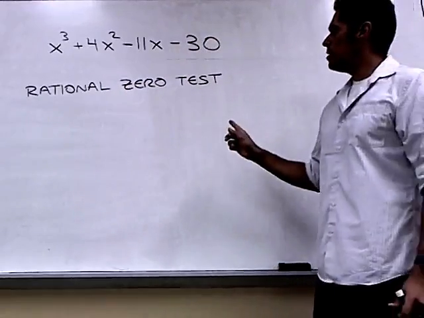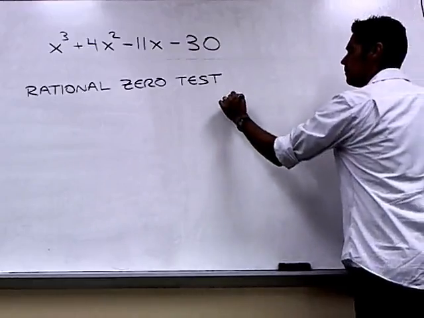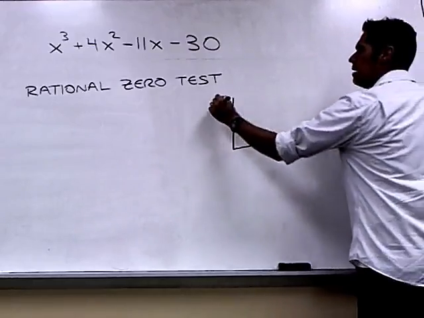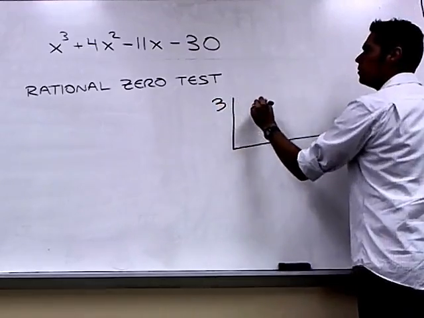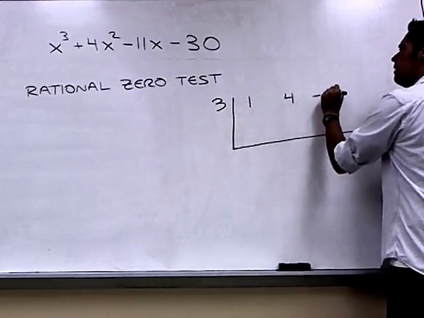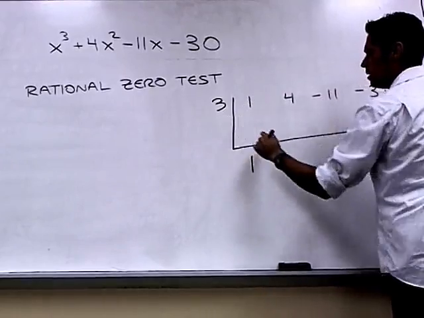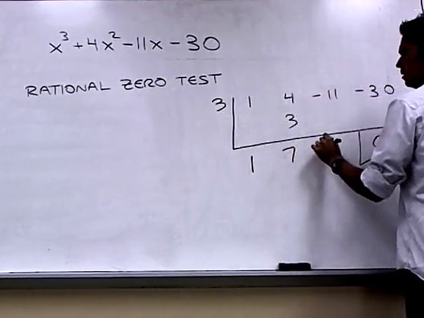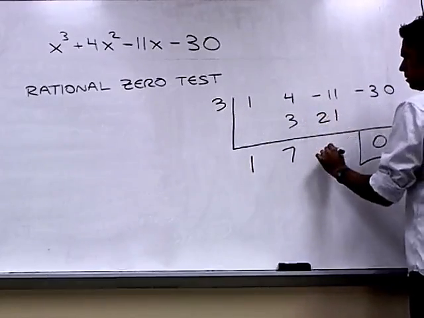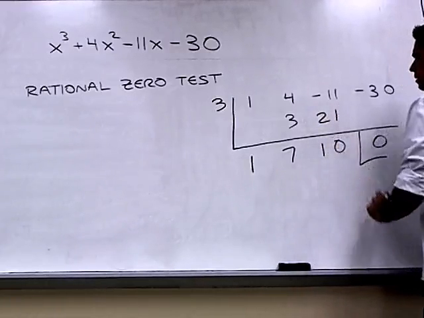So remember what I said about that synthetic division. That if we had the 3 out here, 1, 4, negative 11, and negative 30, and this came out to be 0. Let me just put the numbers what they were here. That was it, right?